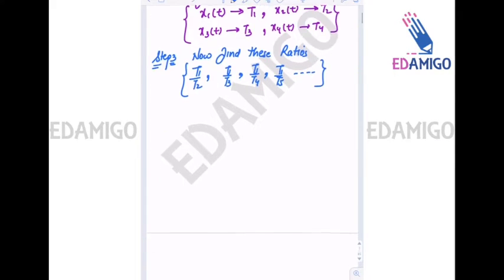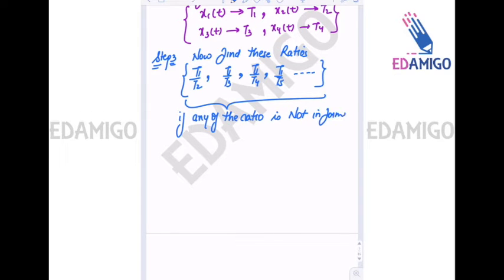Okay. Now a very important point is that if any of the ratios is not in the form of integer upon integer, then capital X(t) is non-periodic. Okay, so this is a very important point.